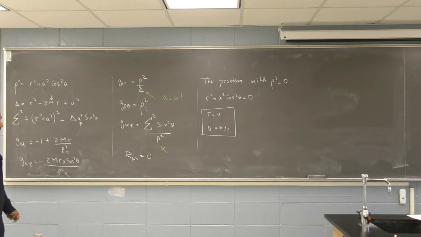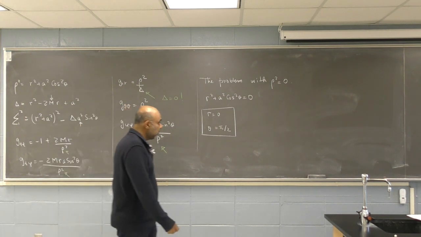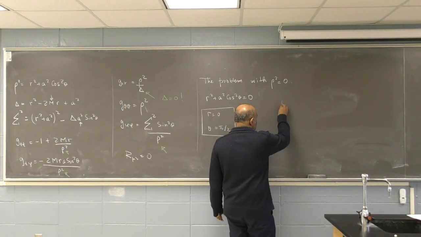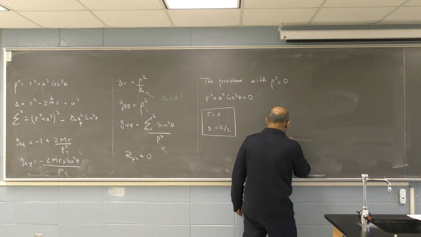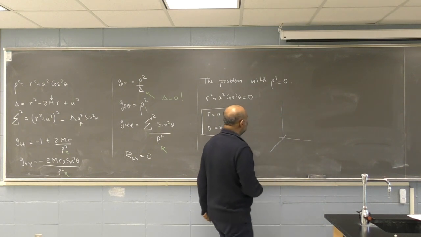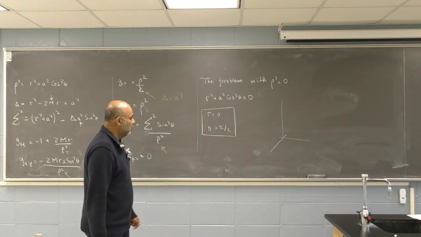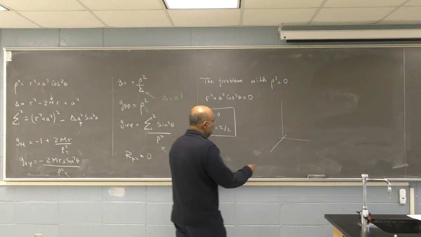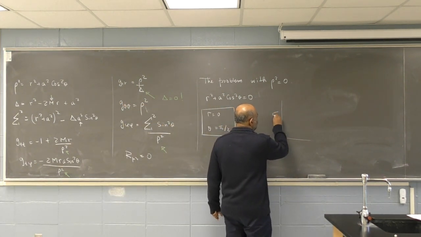To understand that, I'm going to look at what r equals 0 might look like. So I'm going to take a curve, a circle, if you will.